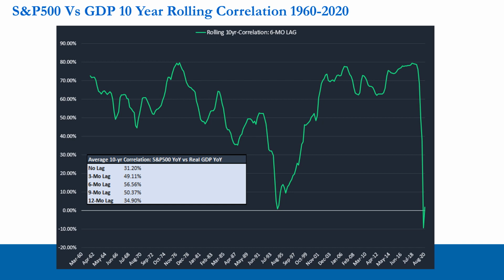Or put another way, an average 10-year correlation of 0.56 for the S&P 500 year on year versus real GDP performance year on year from 1960 to 2020. Now, what does this do for our understanding of the relationship between the S&P 500 returns and US GDP?